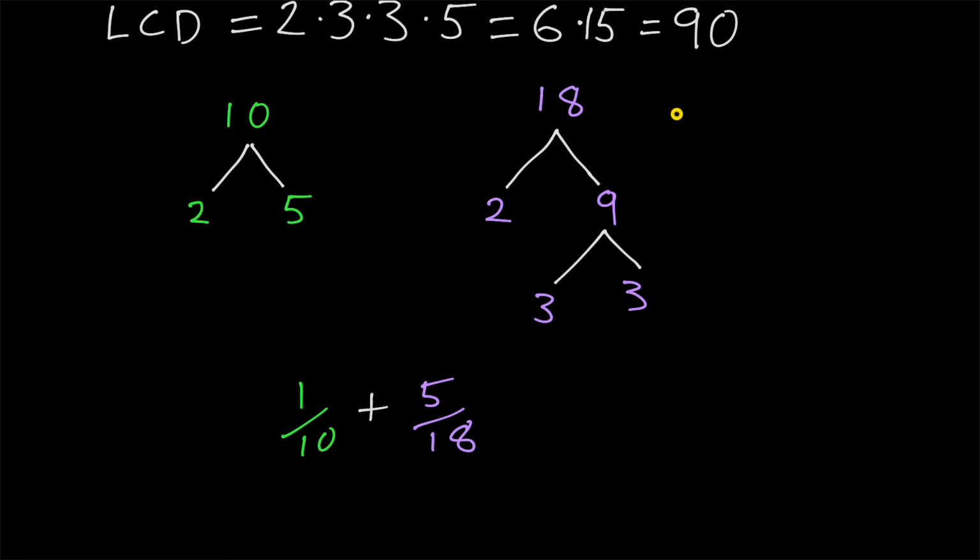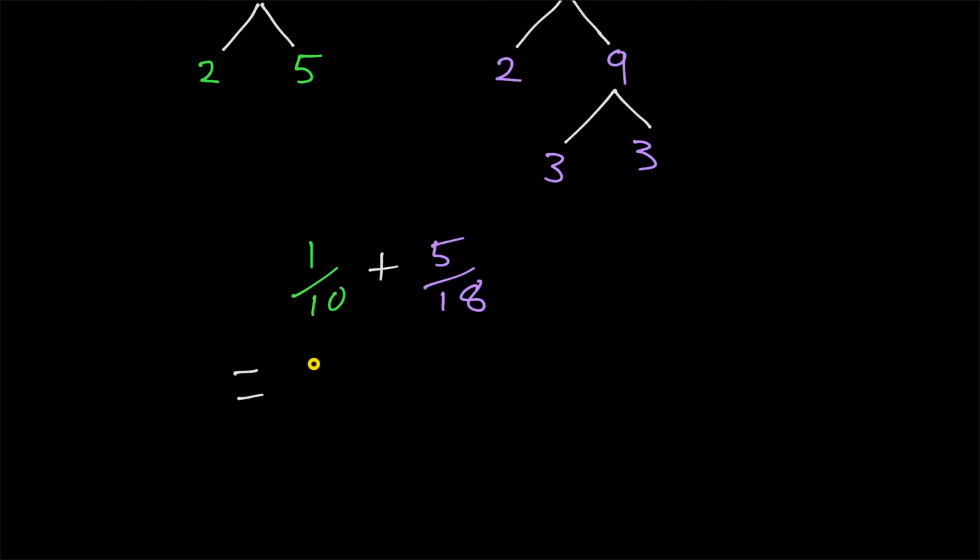So take 90 and divide it by 10. 90 divided by 10 is equal to 9. That means that we have to multiply the numerator and the denominator by 9 in order to get an equivalent fraction. So 1 over 10 plus 5 over 18 is equal to 1 over 10 times 9 over 9.